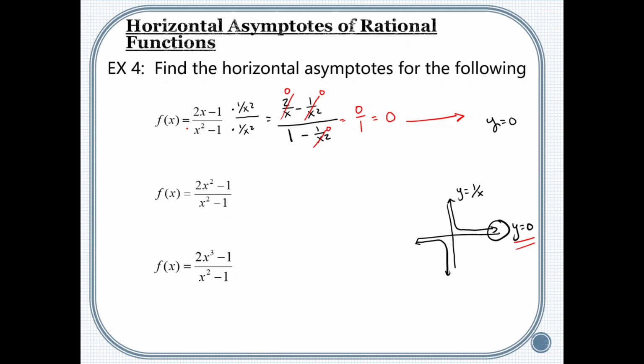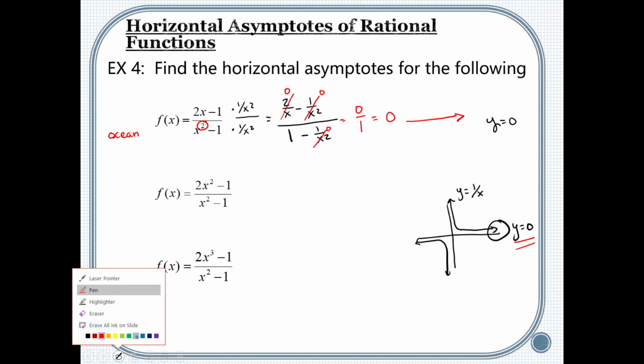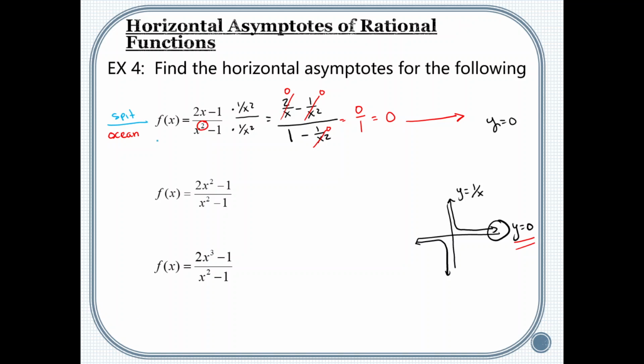So when the ocean is on the bottom, that x squared is the ocean. Everything else is spit. This and this is all just spit.